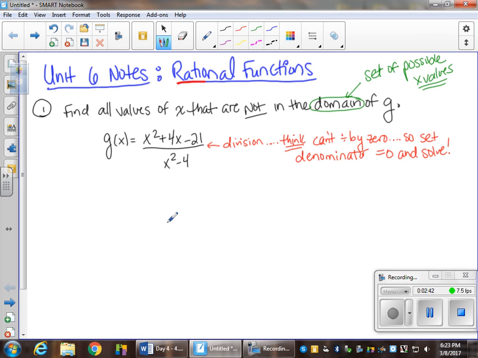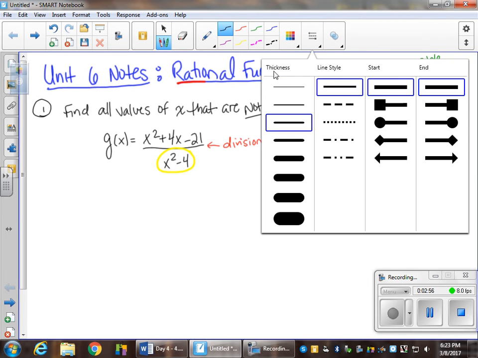This will give you the x values that must not be allowed to be in the domain. So this numerator has no bearing on our question. We're focusing strictly on the denominator. Let's go ahead and do that.